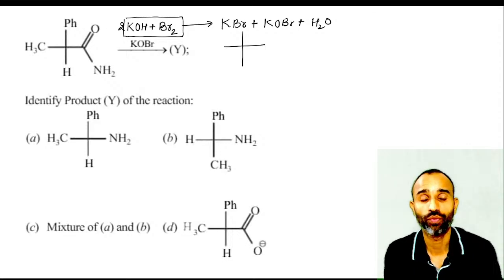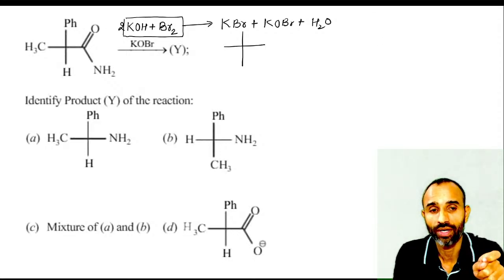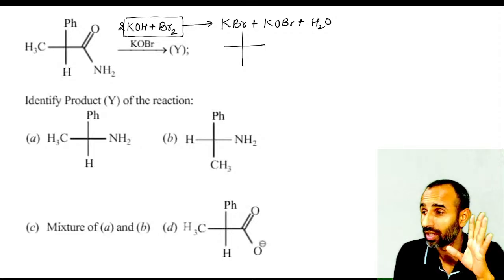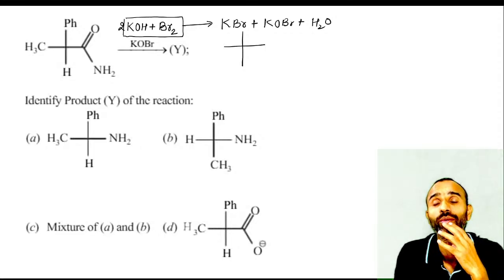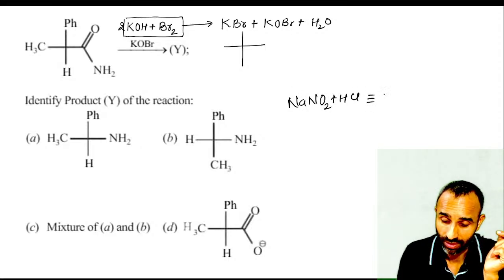So in this way, it is written as KOBr, or say in one more question, NaNO2 HCl. Same is the case here.